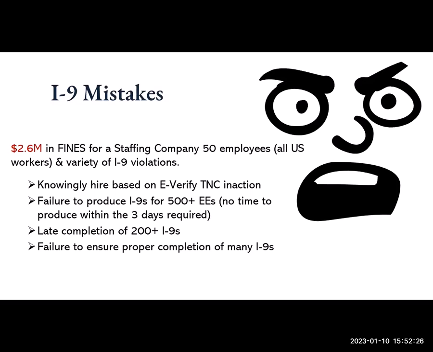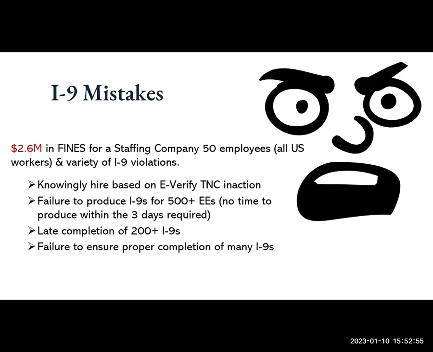And I'll touch on this some more, but one of the reasons for that humongous amount is they had many TNCs, so tentative non-confirmations from E-Verify that were not touched. For whatever reason, they just did not pay attention to the tentative non-confirmations, didn't do anything about it. And ICE took that as you knowingly hired an unauthorized worker.